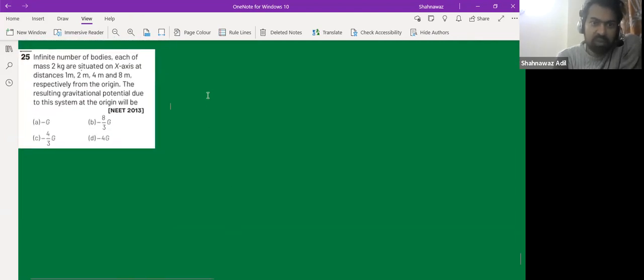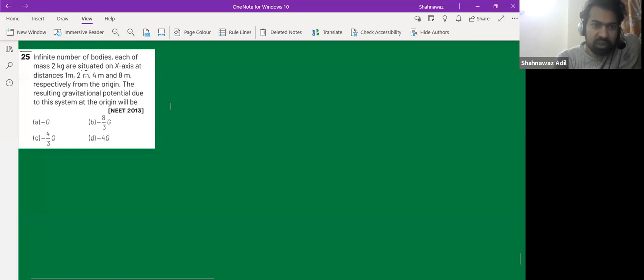So infinite number of bodies, each of mass 2 kg, are situated on the x-axis at a distance 1 meter, 2 meter, 4 meter, and 8 meter, respectively from the origin.